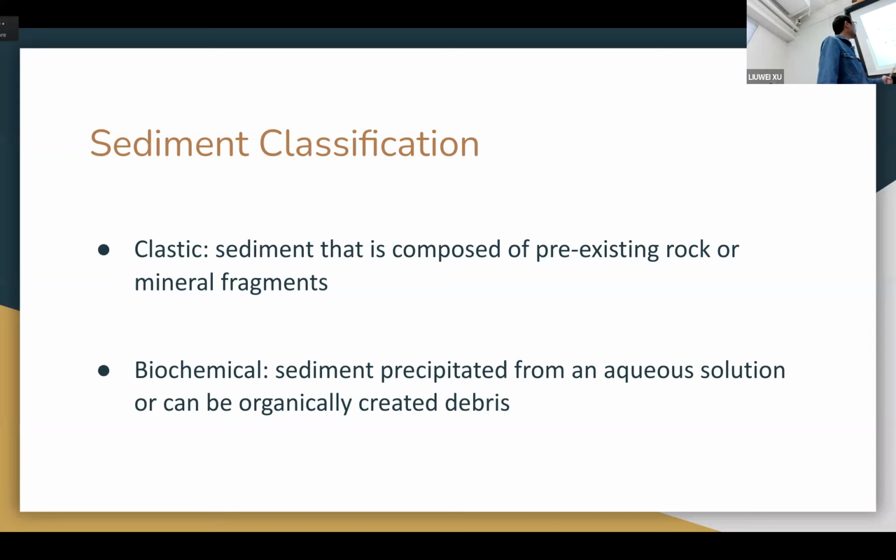In this kind of biochemical rock, sometimes there can be organically created debris inside, like fossils or broken organic shells. Sometimes you can see them inside the biochemical sedimentary rocks.